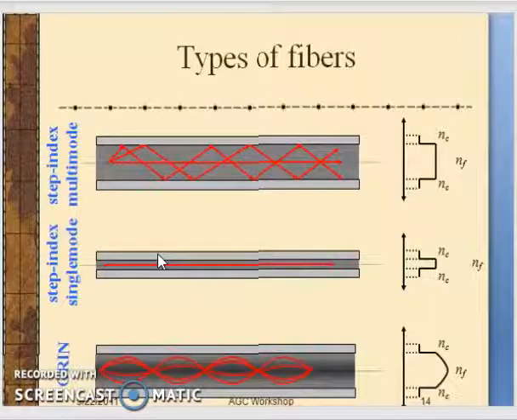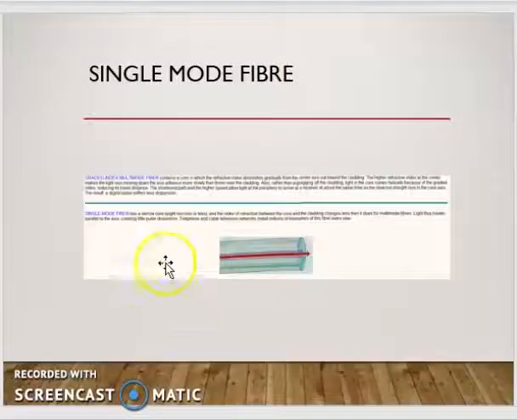There is no dispersion, and no degradation of the signal while traveling through the fiber. The light passes through the single mode fiber from a laser diode. This is an example of single mode optical fiber shown in the figure.